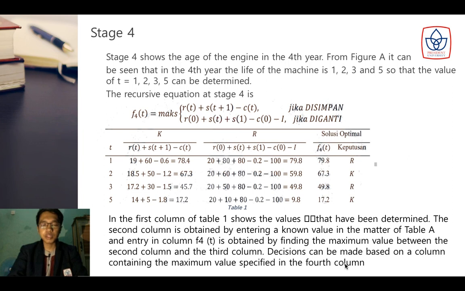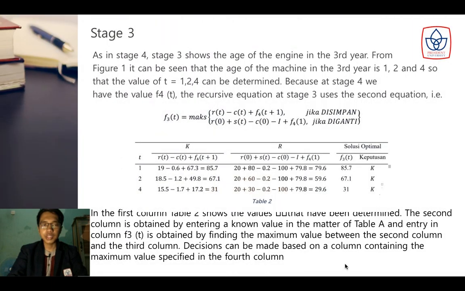In the first column of table 1 are the values that have been determined. The second column is obtained by entering a known value from table A, and the entry in column F4 is obtained by finding the maximum value between the second column and the third column. The decision is based on the column containing the maximum value, specified in the fourth column.